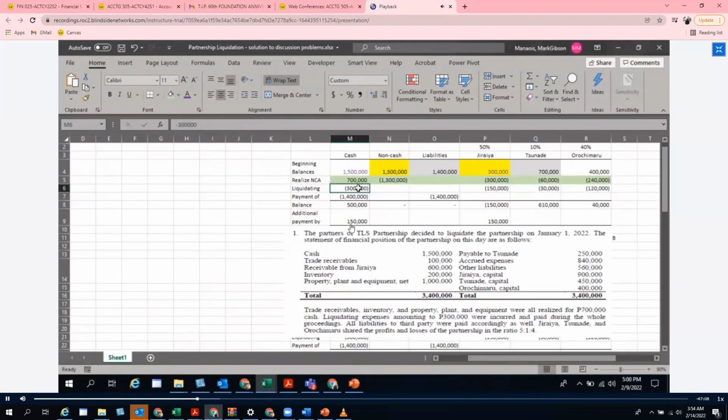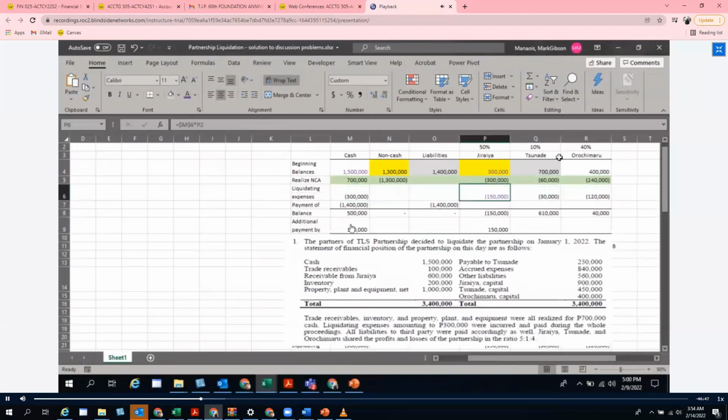Kasi nga nagle-liquidate na tayo, no? So everything, no, every transaction will have to be adjusted against the partner's capitalization, no? So that's 300,000. 300,000 multiplied by 50%, that's 150,000 for Jairaya, 30,000 for Tsunade, and then 120,000 for Orochimaru.